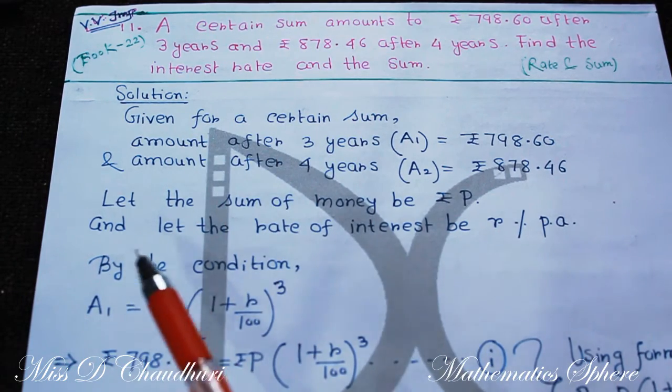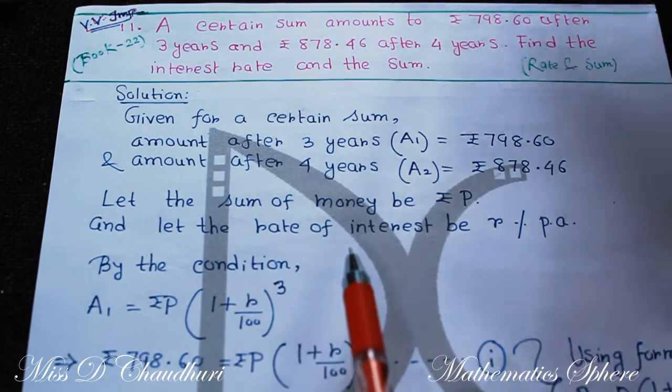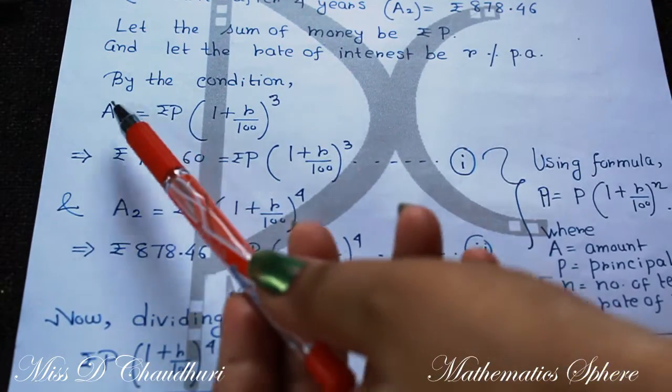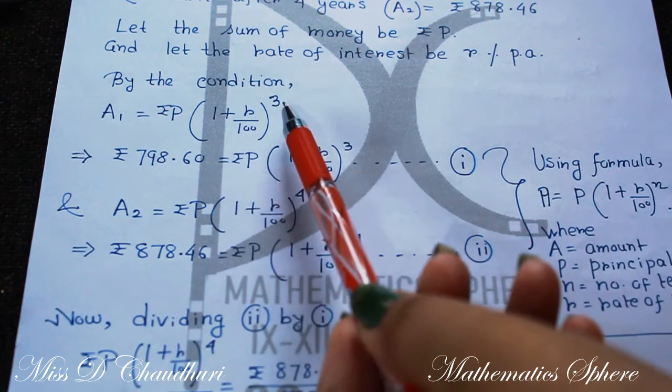Now, writing the conditions is very important. By the condition, A1 equals rupees P into (1 plus R by 100) whole to the power 3.